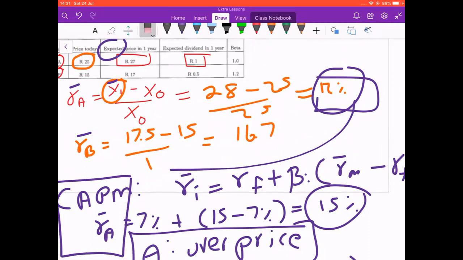Is it common practice to just add any value you have at time 1 to get X1? Normally they would include the dividend and the share price, because that's how much it will be valued at time 1. I'm not sure they will give you any other values. I will try to find a question like that.